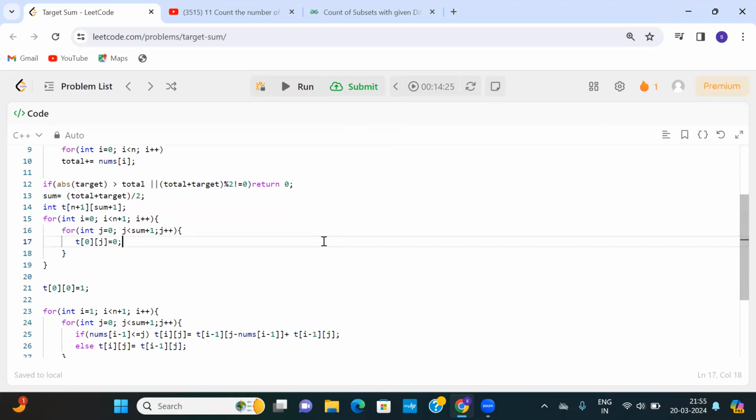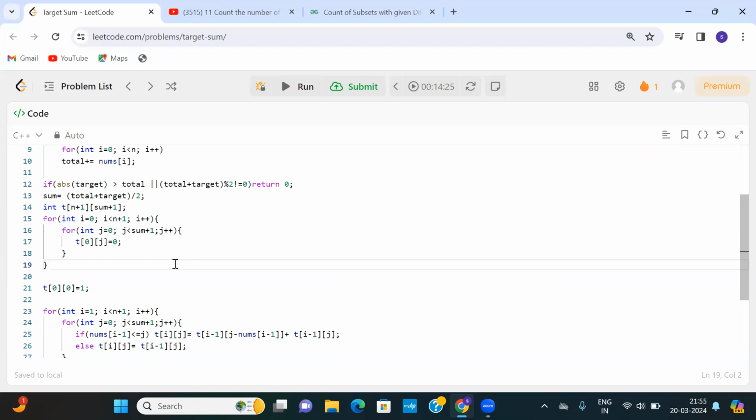We are making a 2D matrix, declaring it as an integer t of size n plus 1 by sum plus 1. If you have solved DP problems, there are mainly 3 steps. The very first step is the initialization step. So we are initializing the matrix in this particular case. If our i equals 0, what is our i denoting? Our i is denoting the size of the array.